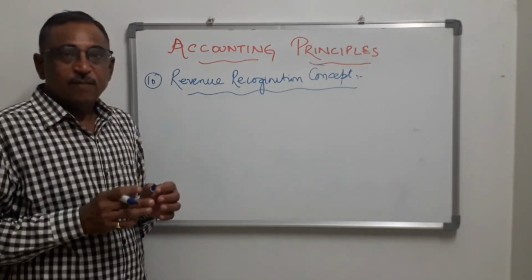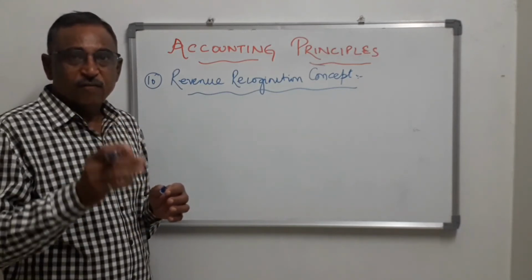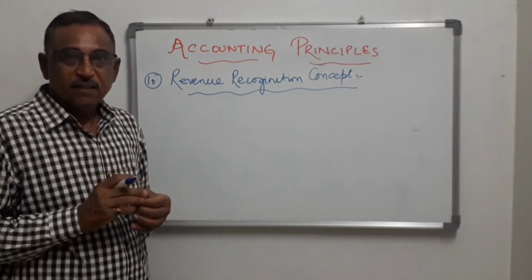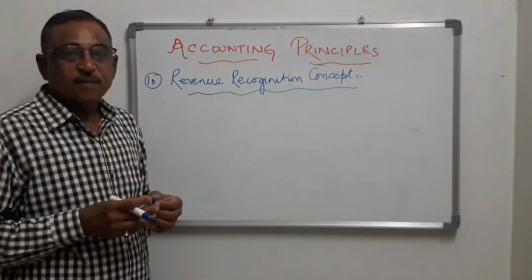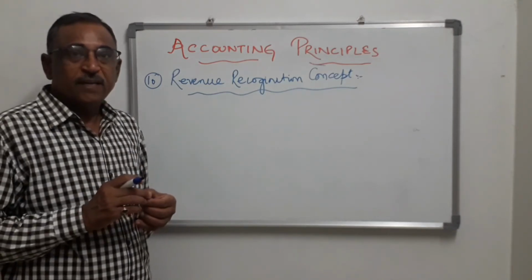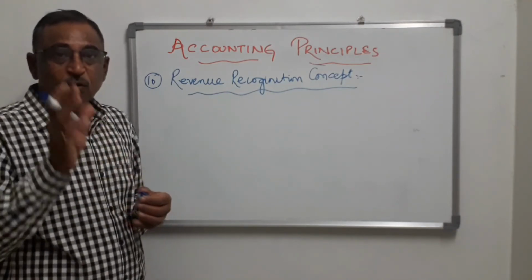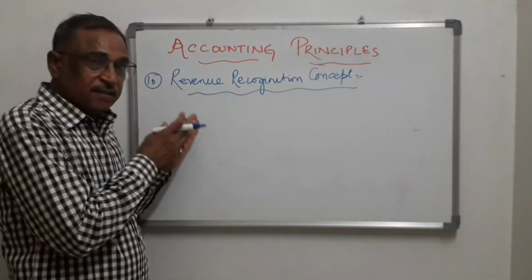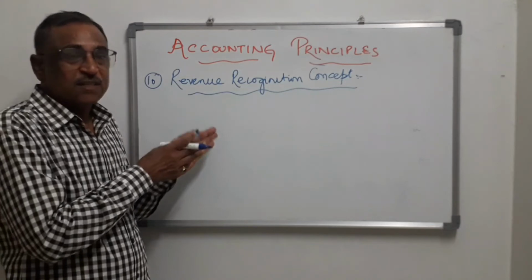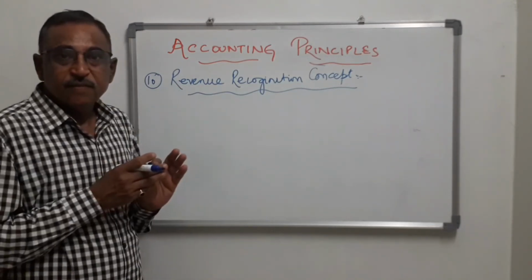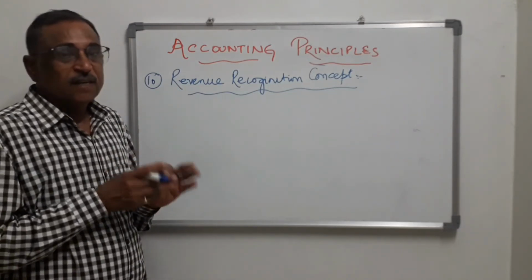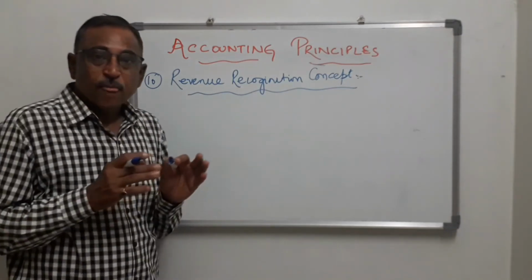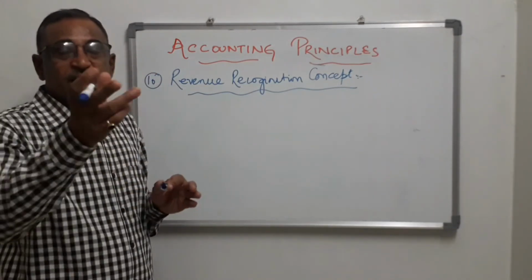For example, in December you have sold goods for 1 lakh and the concerned buyer promised you to pay in January. So revenue will be recognized in the month of December when the sale was effected, and not in January when the cash will be received.